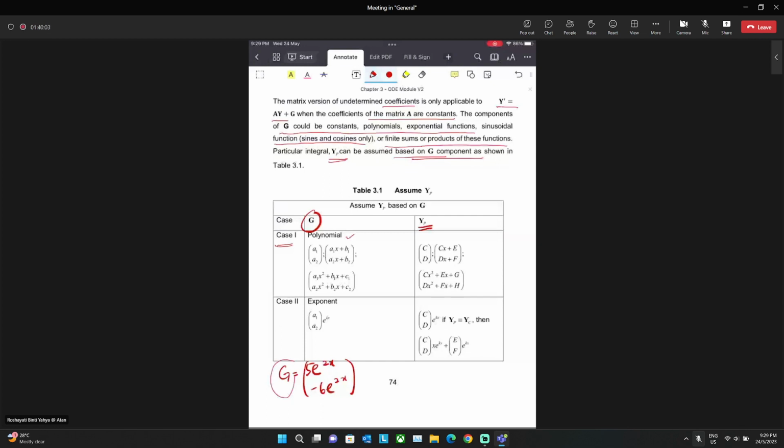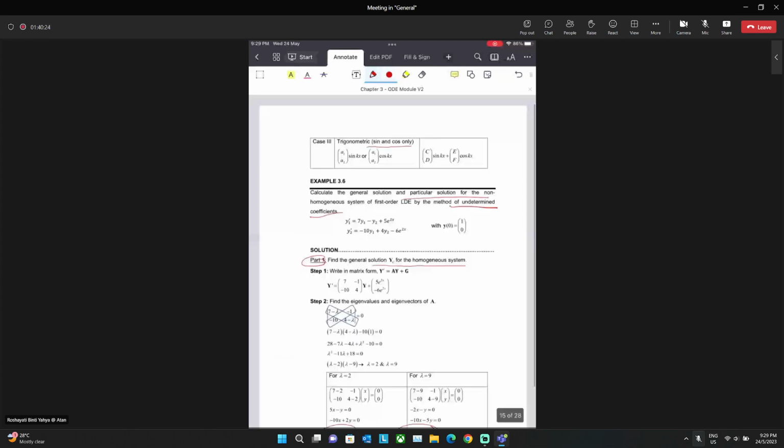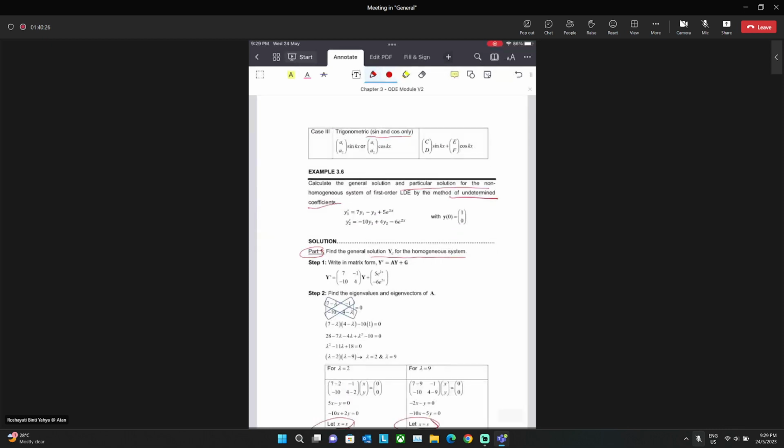Can or cannot? Hello class. I just want to make sure that you still with me. No, okay. So that which case from these 3 cases that suit with your G? Second case. Case 2.